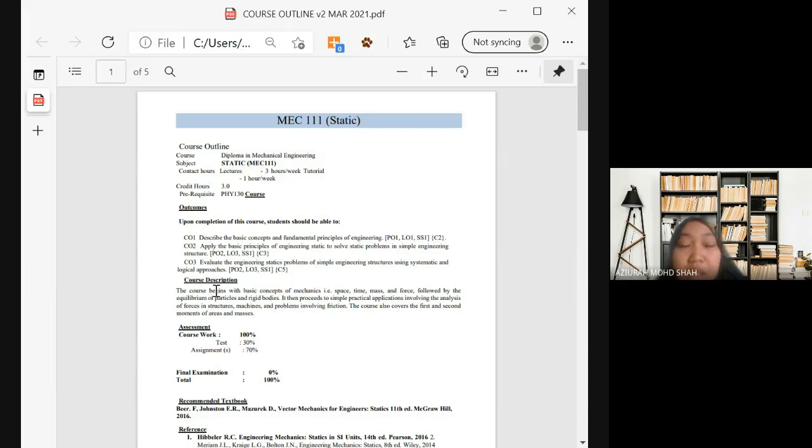Ada 3 assignments, 1 and 3 are individual. Second assignment is group. Okay, so make sure that you get as much as you can for your assignments. Dapatkan banyak lah sebab this contributes 70%, ya.